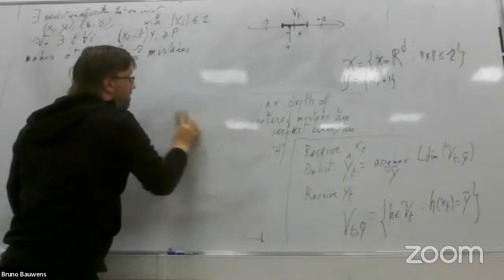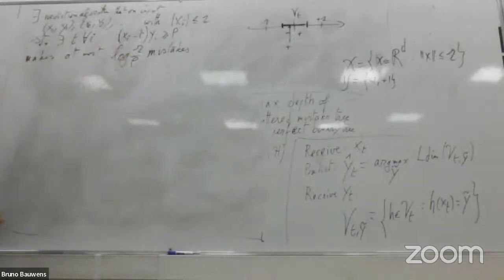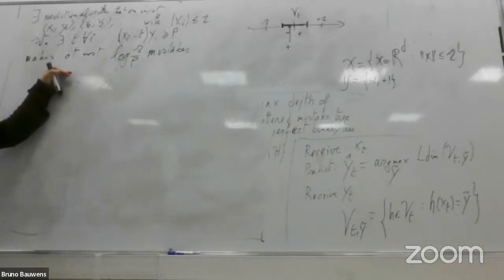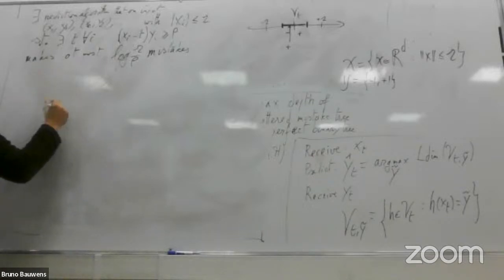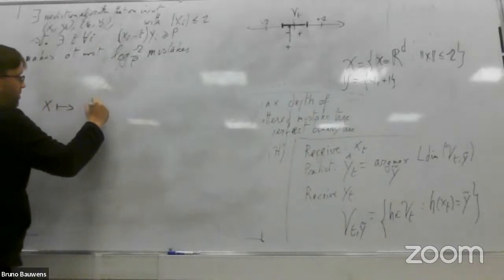So the first thing, to simply express this problem, we will focus on homogeneous half spaces, where the border goes through the origin. So we will be interested in classifiers of the form sign of x times w.